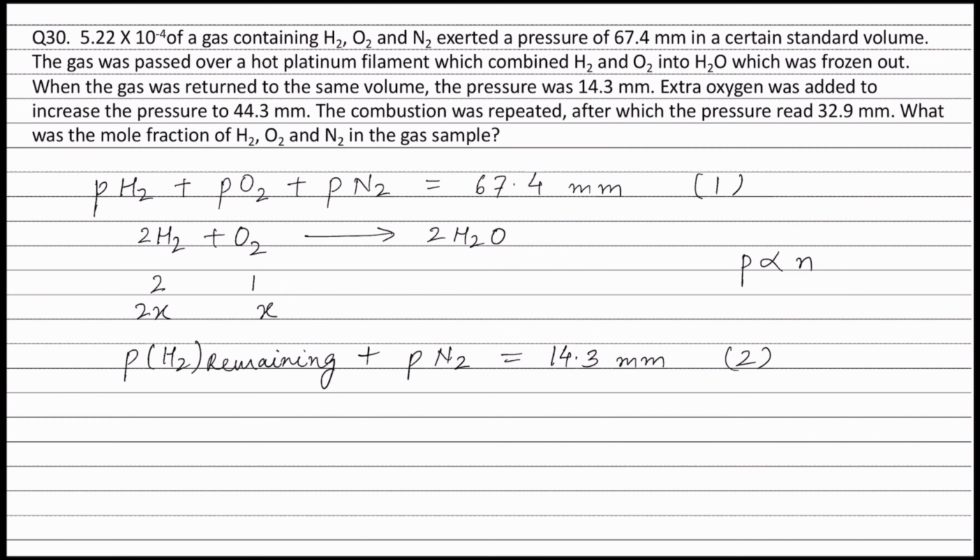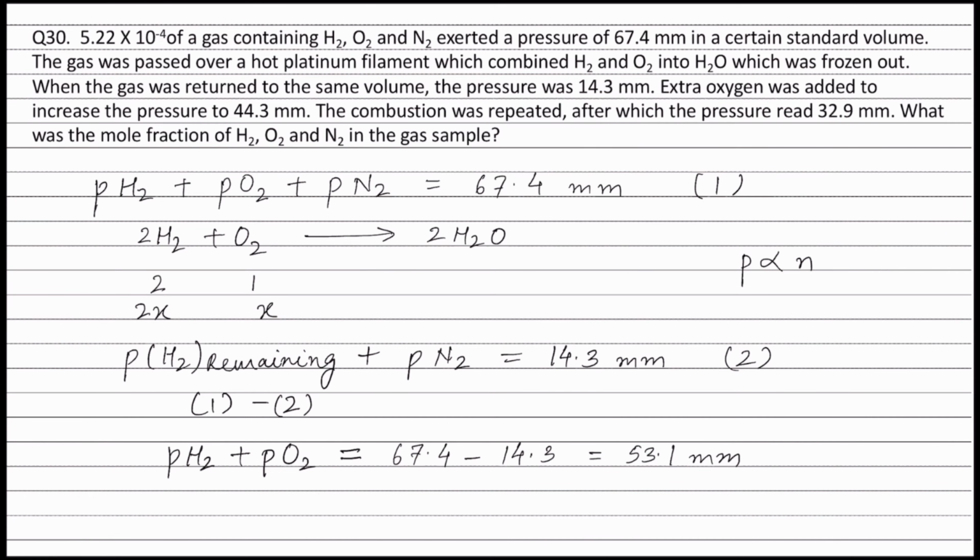Now subtracting equation 2 from equation 1, we get partial pressure of hydrogen plus partial pressure of oxygen which combined to form water. Therefore, partial pressure of hydrogen plus partial pressure of oxygen is equal to 67.4 minus 14.3, and this is equal to 53.1 mm.